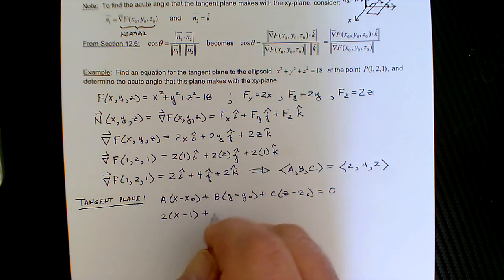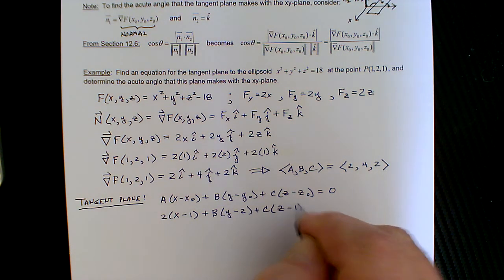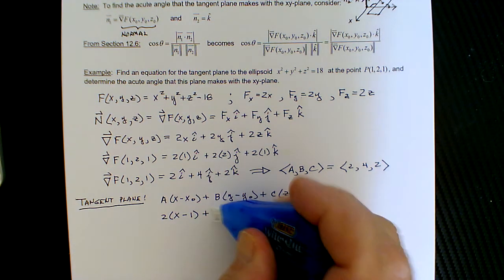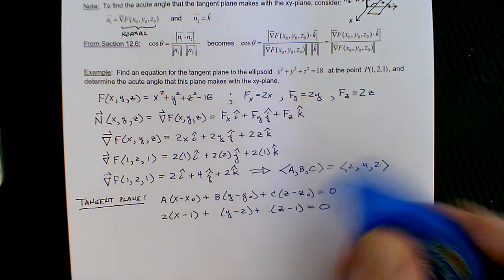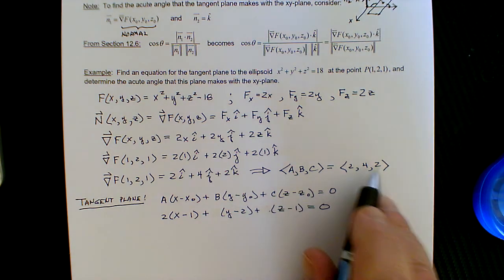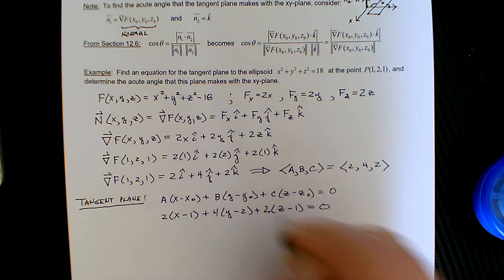So 1 plus b times y minus 2 plus c times z minus 1 is 0. And of course, I'm being silly, I can substitute in the values of b and c. The value of b was 4, the value of c was 2.